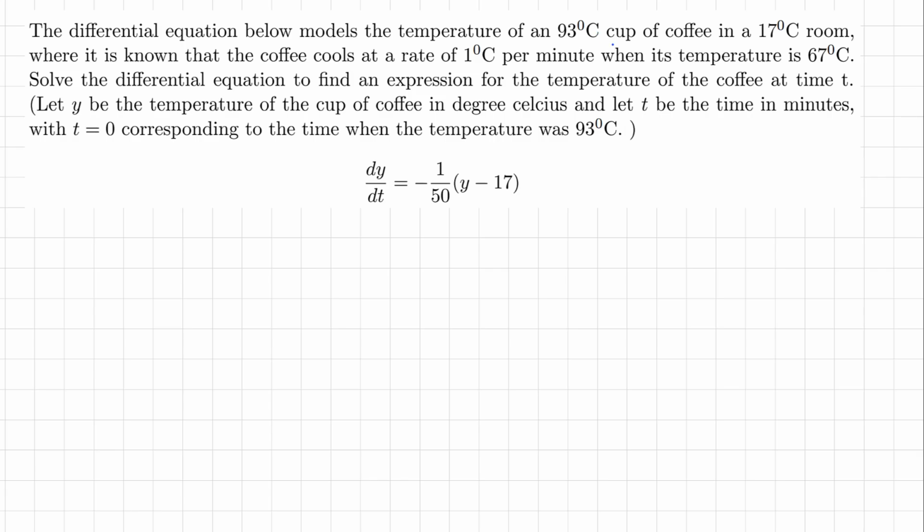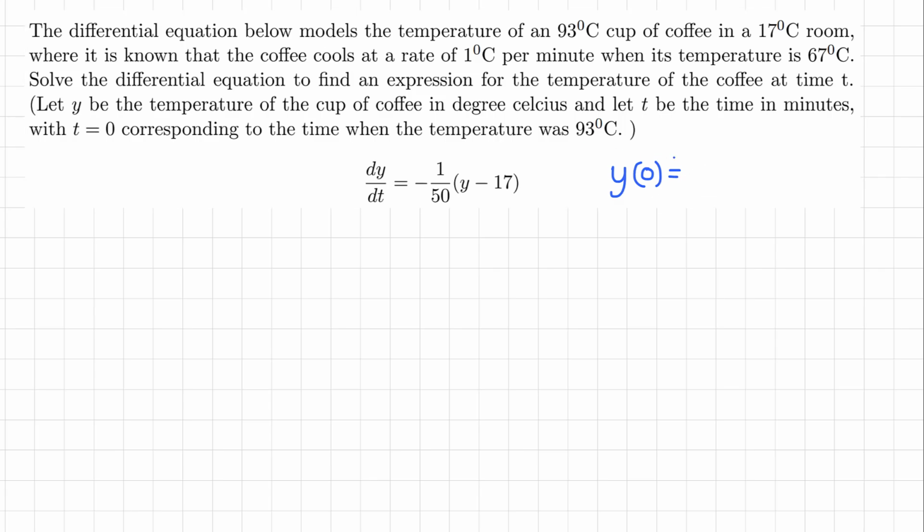So that's the 93 cup of coffee. At the beginning, the temperature y when time is 0 is 93 degrees Celsius. This is the initial value.